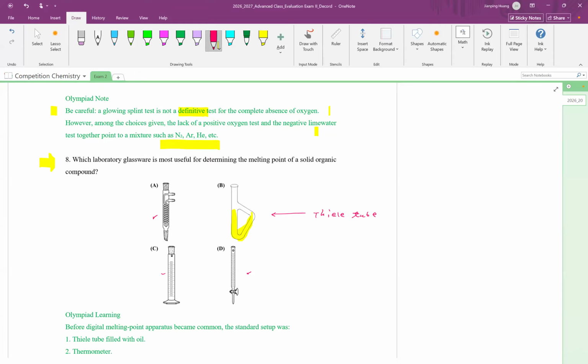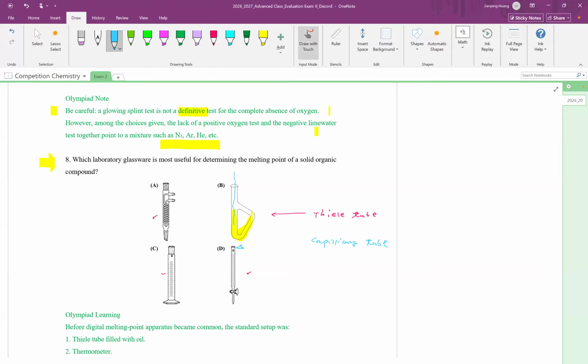They put the heating oil in here. Now the second step, they put the thermometer. The third step, put the capillary tube. Then you heat it here.